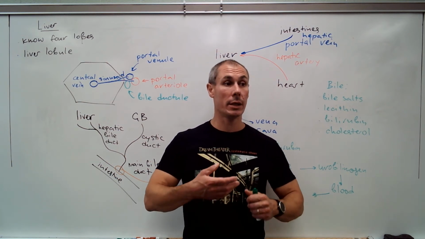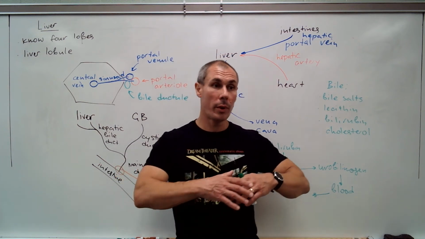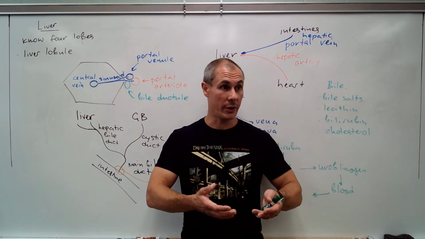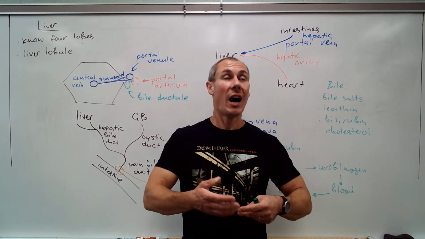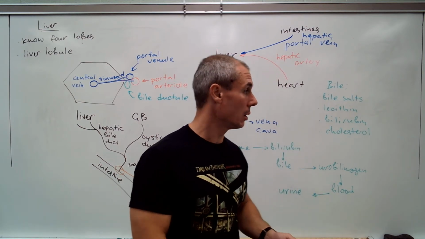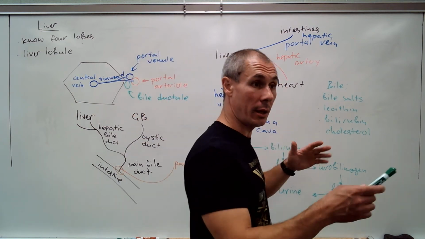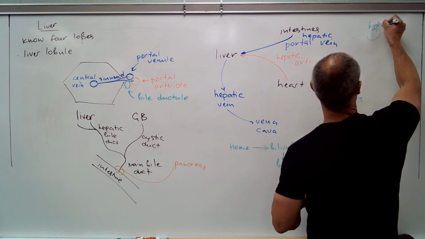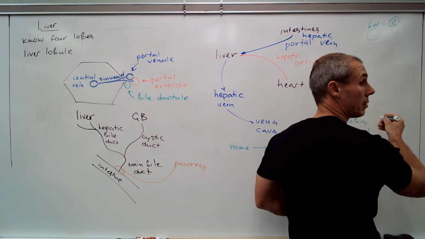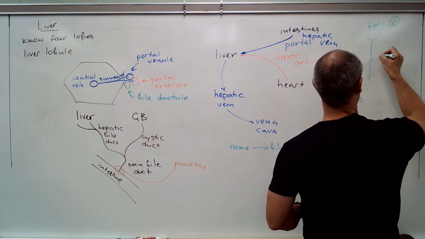So what you do, you add soap. Soap emulsifies the grease, the fats, into hydrophilic micelles. So both bile salts and lecithin, so to say, have hydrophilic head, okay, and hydrophobic tail.